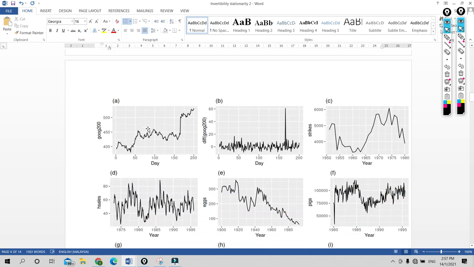So let's say I have this kind of graph here. By looking at this graph, you can determine whether the data is stationary or non-stationary.